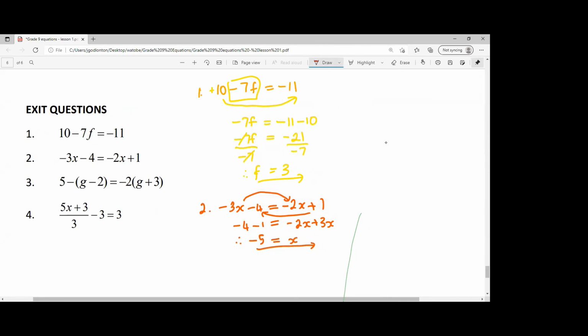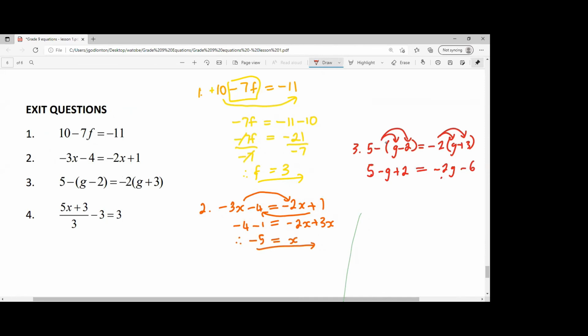Next, question 3. Let's just quickly write this down. G minus 2. Okay, so I'm going to first have my 5, and then I'm going to distribute this negative sign in. So 5 is equal to negative g plus 2, which is equal to negative 2g minus 6.